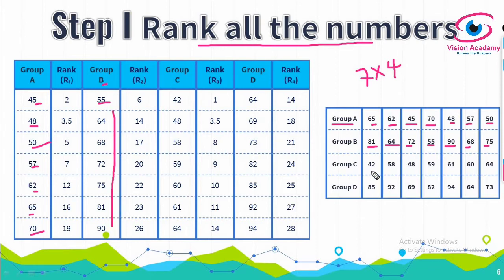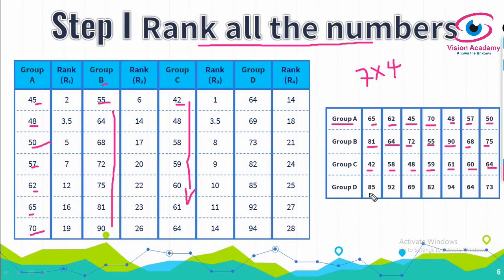For group C, our first smallest element is 42. The next smallest element is 48, the next one is 58, and the next one is 59. After that 60 and 61, and lastly 64. This also I have taken in ascending order, just to make it go smoothly.